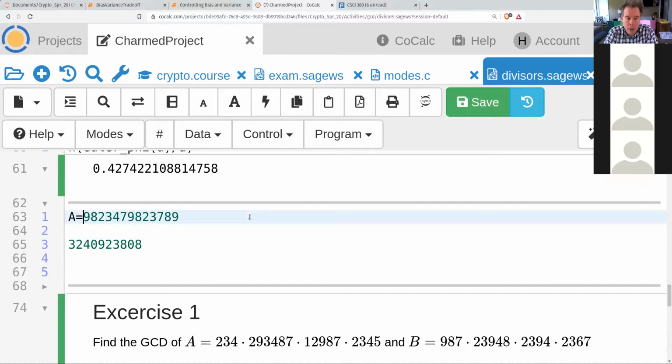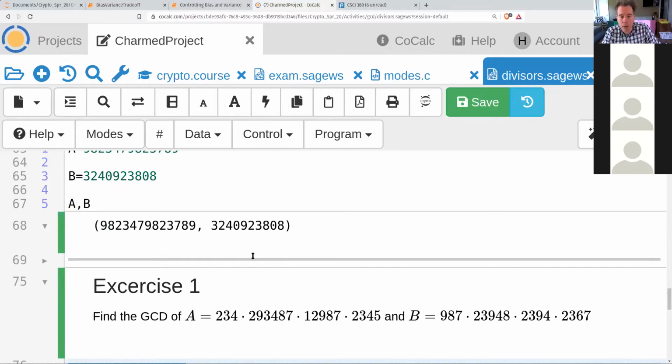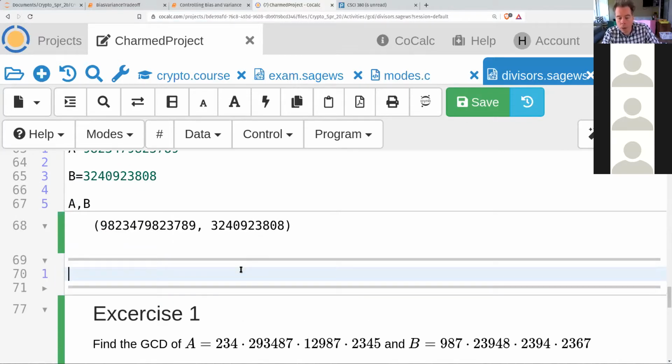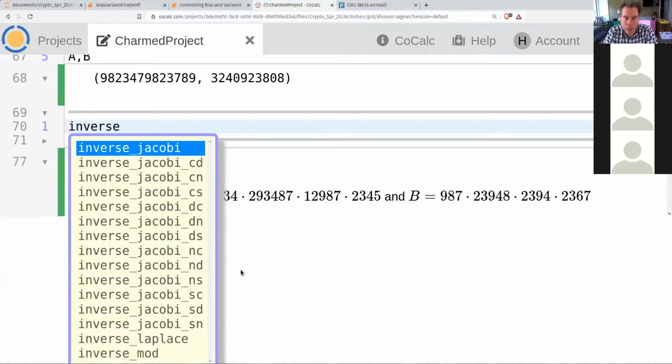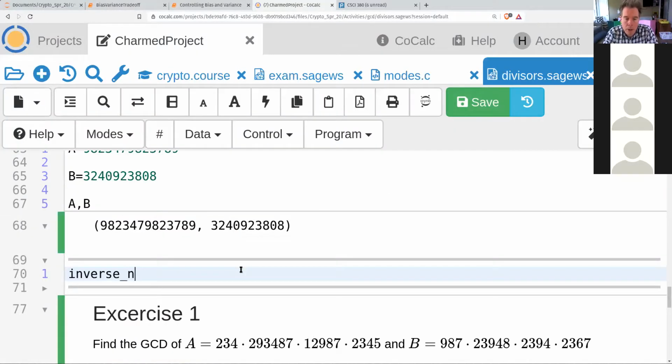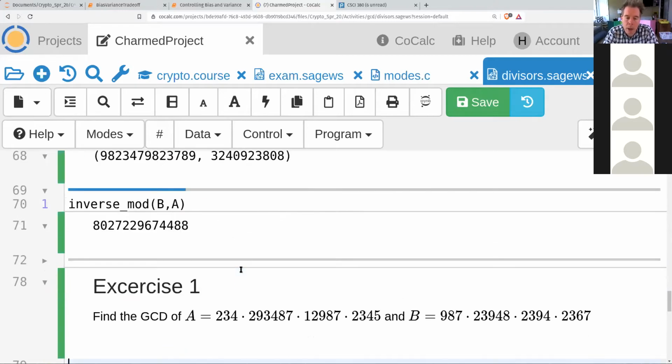Let's say that this is A and this is B. I hope I'm not reversing them. Okay, let's make sure these are loaded up here. All right. So what we want to know is, what is the inverse mod? Which one is the smaller one? B. Okay, so this will be the interesting question: what is the inverse of B mod A?